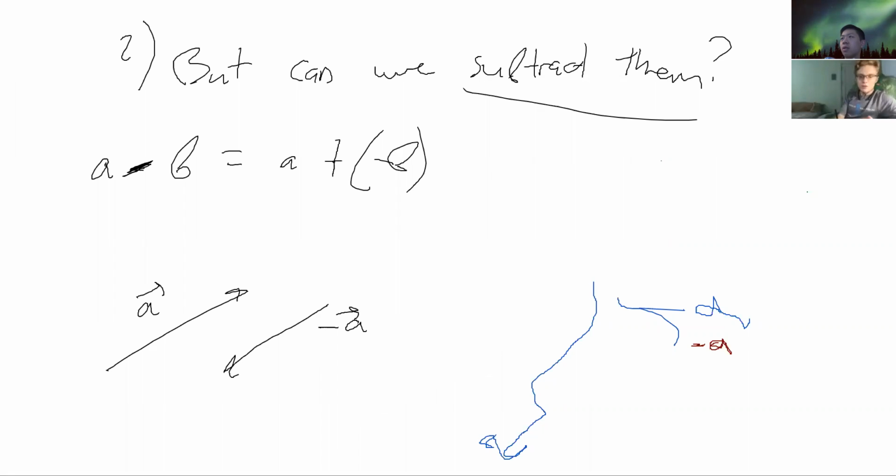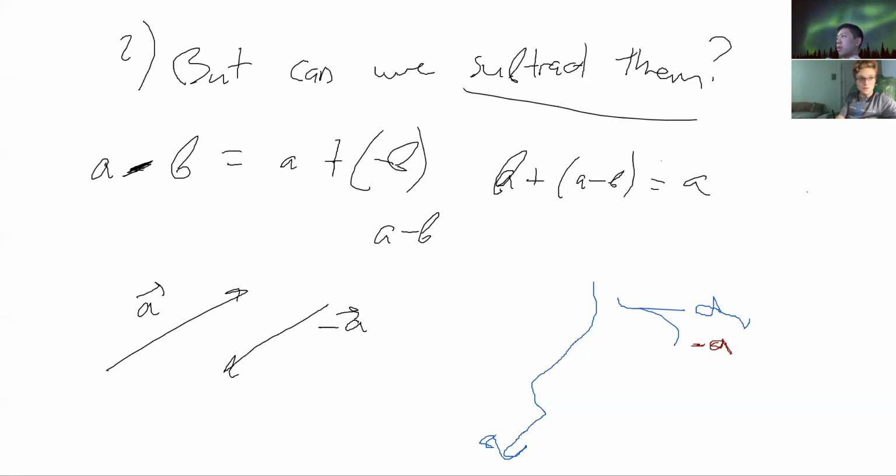So if I want to do A minus B, well, we know that B plus A minus B equals A, right? And now we know how to set up this type of vector addition, right?